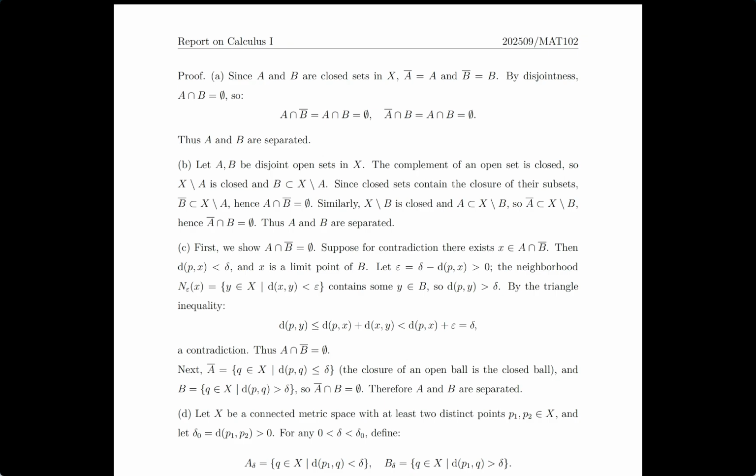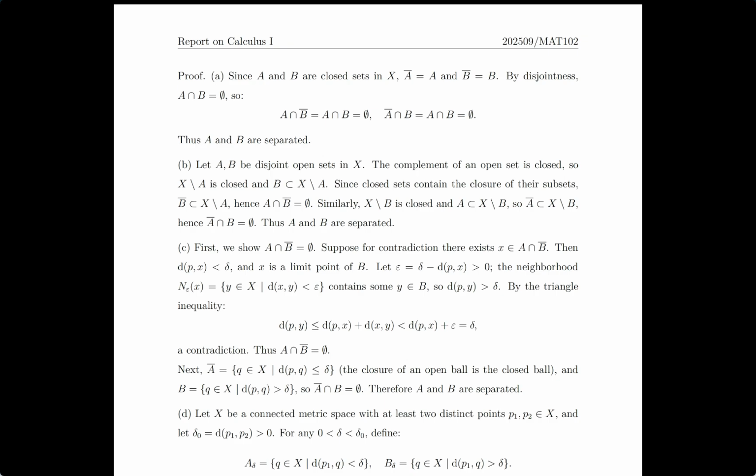We use the triangle inequality: d(p,y) is less than d(p,x) plus d(x,y), which is less than d(p,x) plus epsilon, equal to delta, so it's a contradiction.